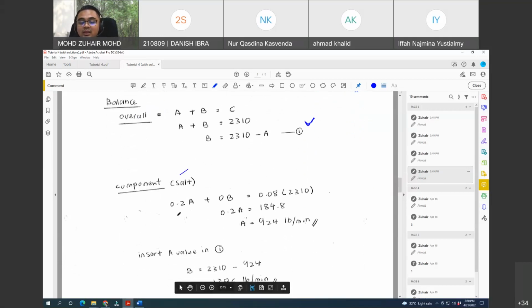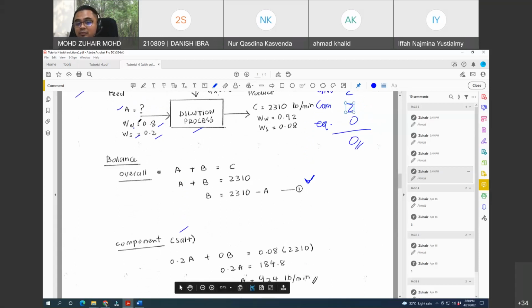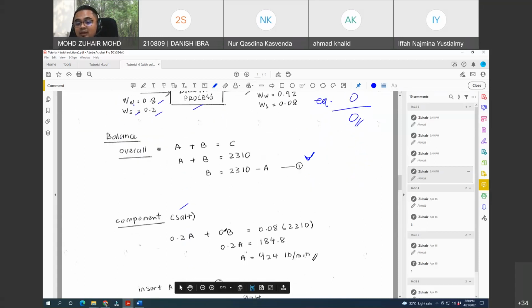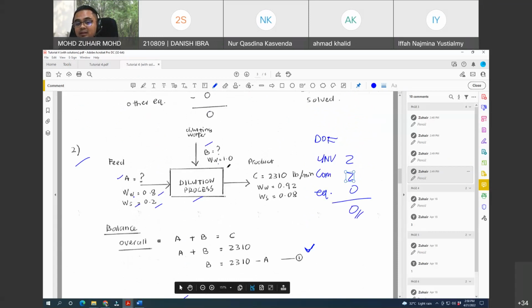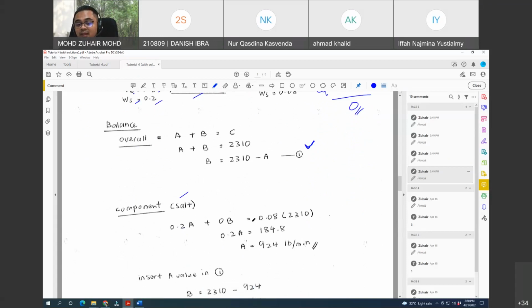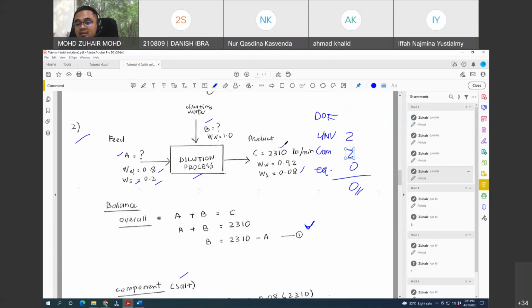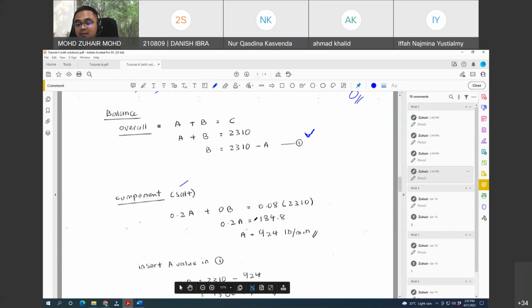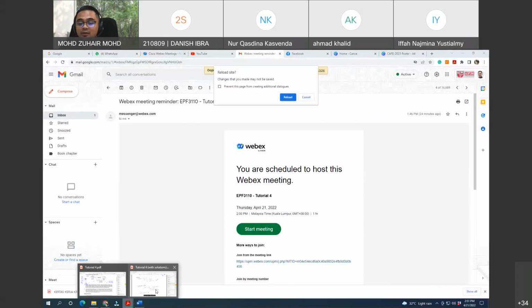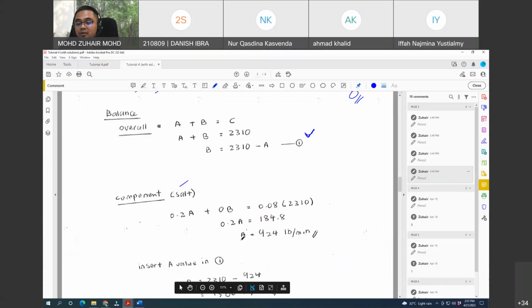Salt is 0.2 times A, and we don't know the value of A. For B, there's no salt, so we consider 0 times B. That equals 0.08, the salt fraction, times the flow rate of C. When we rearrange, we get A equals 924 pounds per minute.